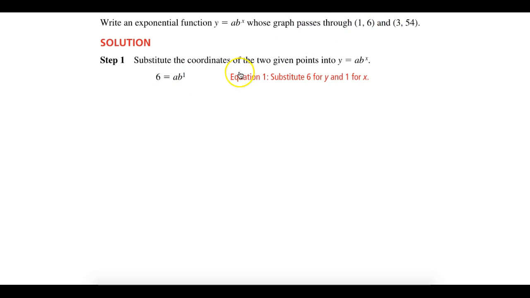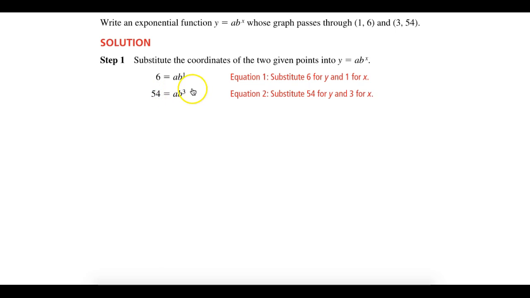We plug in 1, 6. We get 6 equals a times b to the first. Again, all we've done is used our standard form for an exponential equation and plugged in our points. We're going to make a second equation using the second point. So now we get 54 equals a b to the third power.